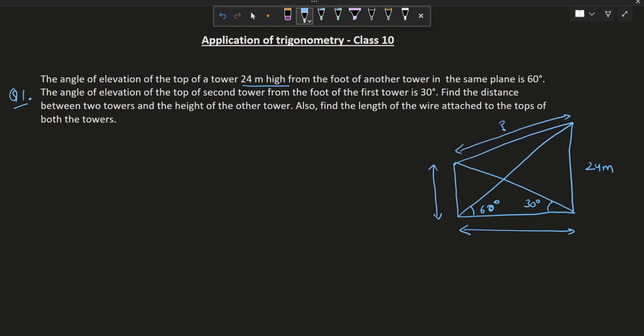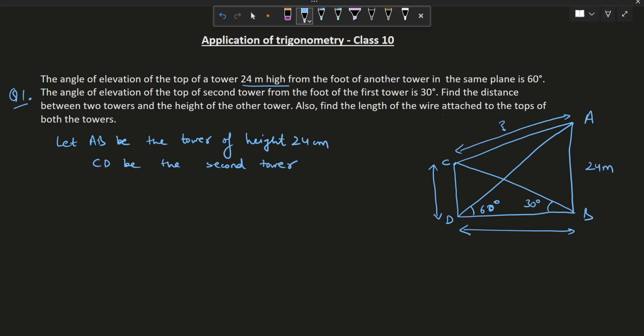So I'll write this as A, B, C, D. So now here let AB be the tower of height 24 meter. Okay, and CD be the second tower. Mention these things.